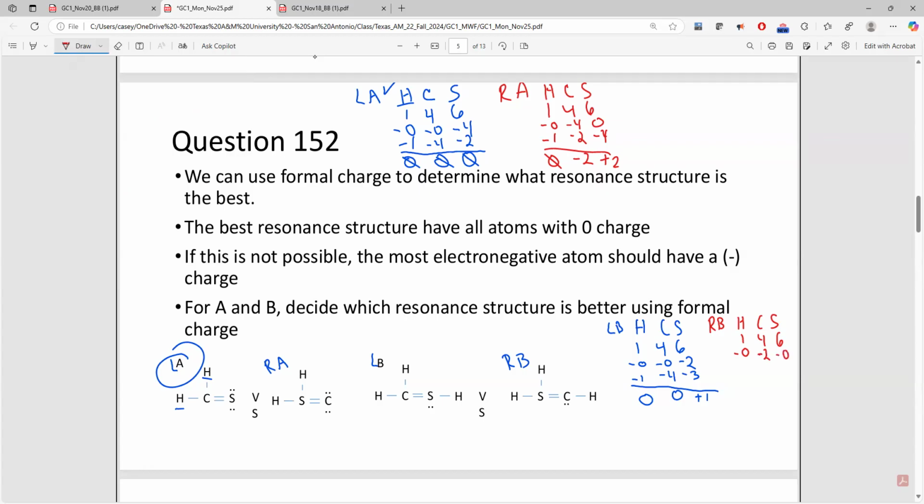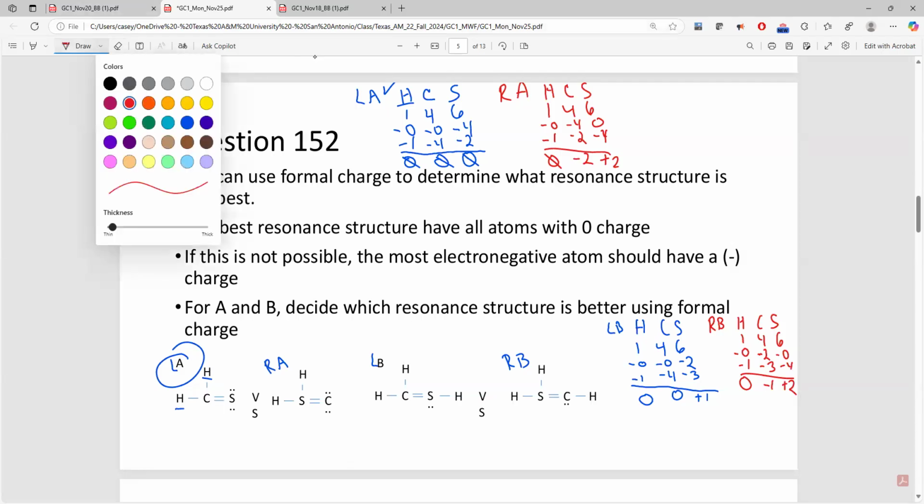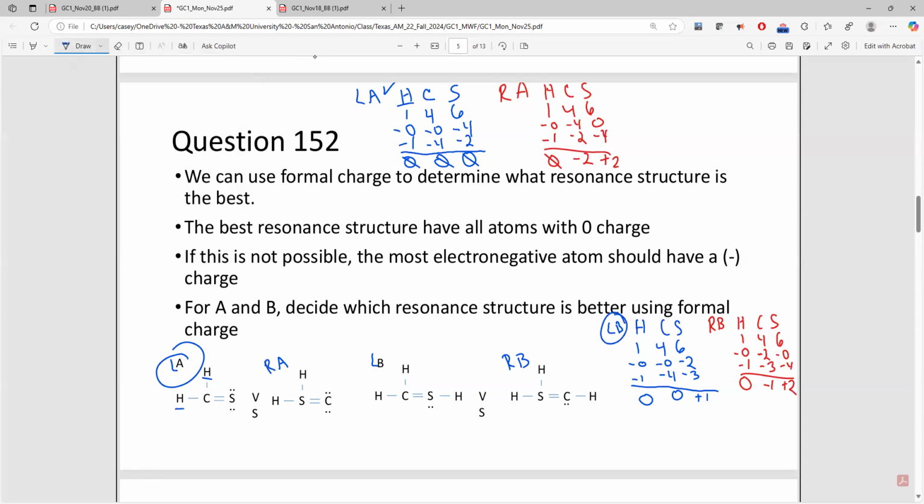No lone pair for sulfur. Hydrogen, 1 bond. Carbon, 3 bonds. Sulfur, 4 bonds. So our scores are 0, -1, and +2. All right, so your winner here, the better structure, is left B.